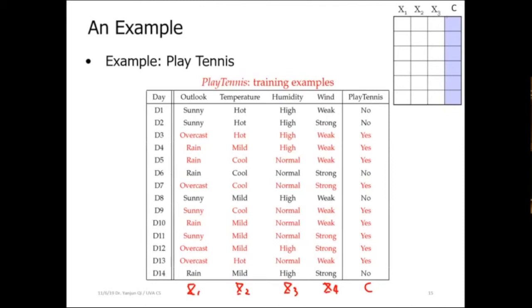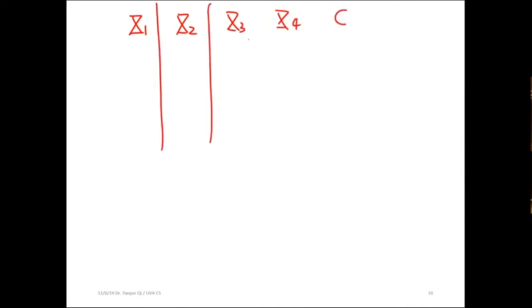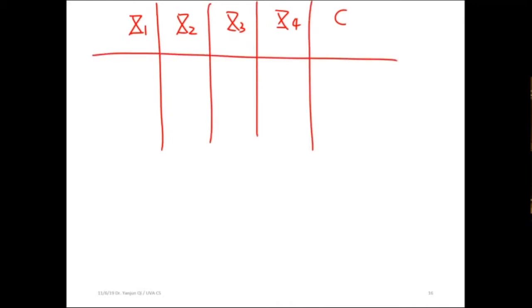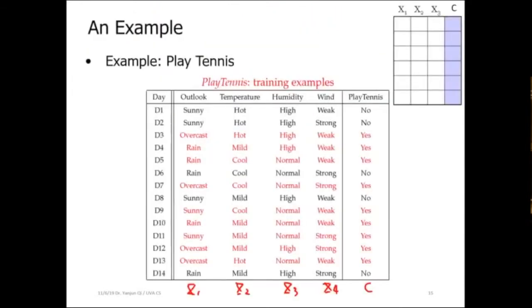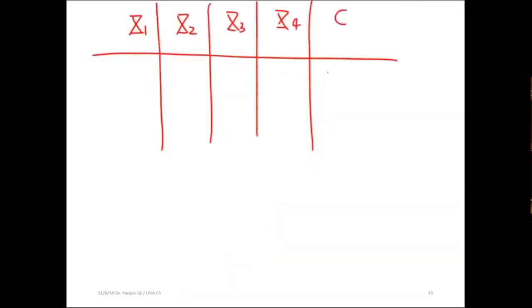Now look at your printout paper. I have the x1 variable, x2, x3, x4, and C, and they are all discrete random variables. How many possible values for the output variable? Only 2, yes and no: this is C1, this is C2.